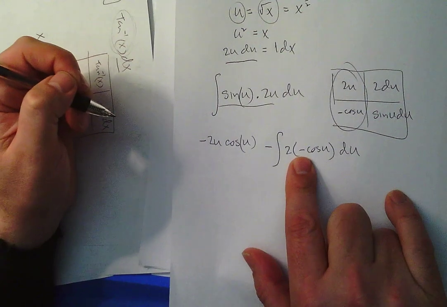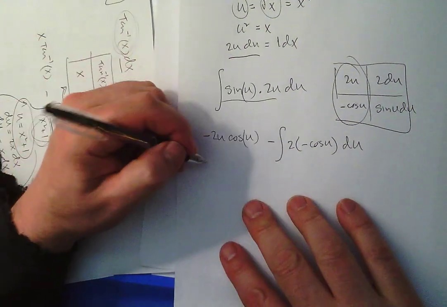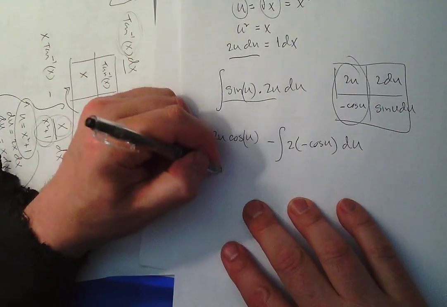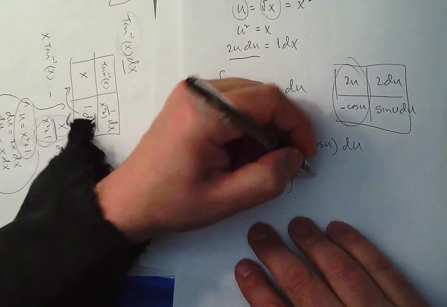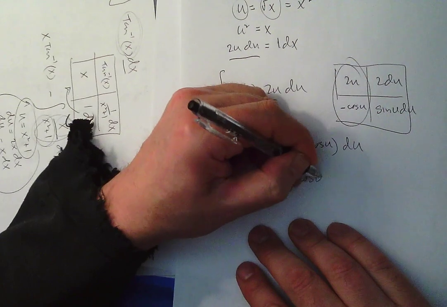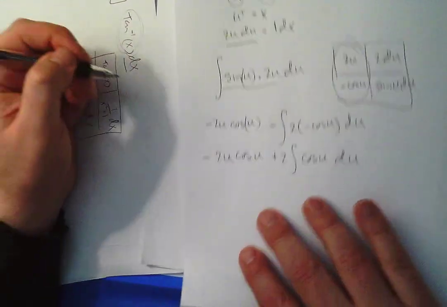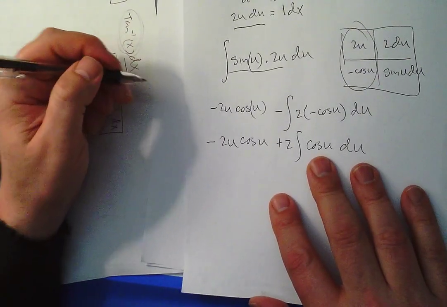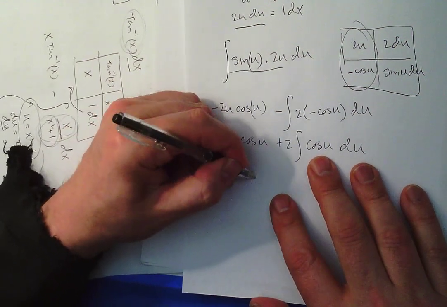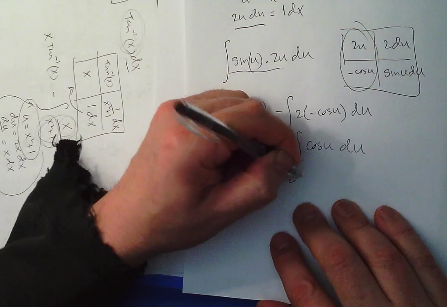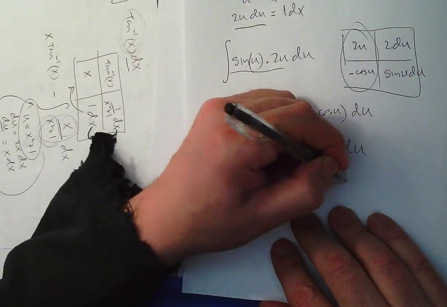Negative times negative is positive, and I'm going to pull out that 2. Negative 2u cosine u plus 2 times the integral of cosine u du. We know the antiderivative of cosine is sine, so we get negative 2u cosine u plus 2 sine u plus c.